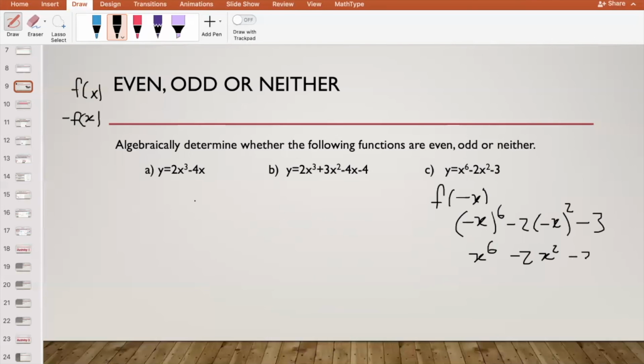Then I have minus 3. Now looking at this, it is looking exactly the same as what we have here. If you realize, when I substitute x to be minus x, I am still getting the original function, which is f of x. So because of that, I can see it is even.